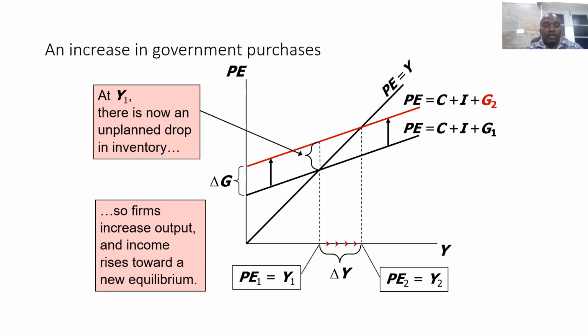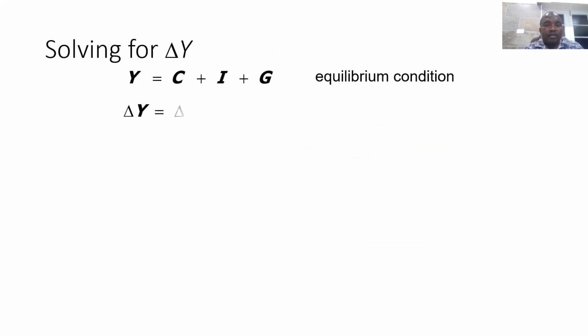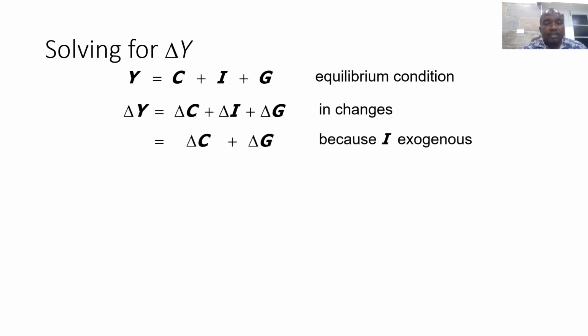So if we solve for delta Y, the equilibrium condition is that Y is equal to C plus I plus G, which is just a rehashing of something which we have already covered. It stands to reason that if the first statement is true, therefore delta Y is equal to delta C plus delta I plus delta G in terms of changes.